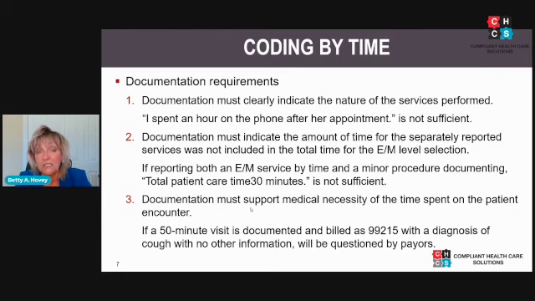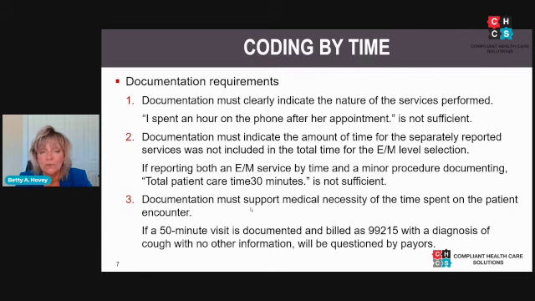Also, the documentation needs to indicate the amount of time for those separately reportable services, that it was not included in the total time, which was one of the things that I just gave an example of a minute ago. So if you're reporting both an E&M by time and a minor procedure, documenting total patient care time of 30 minutes would be sufficient, for the reasons I just spoke about a couple of minutes ago.